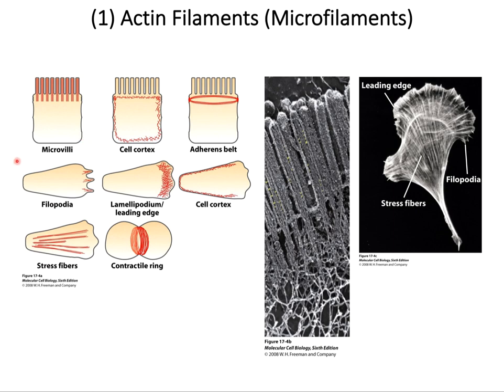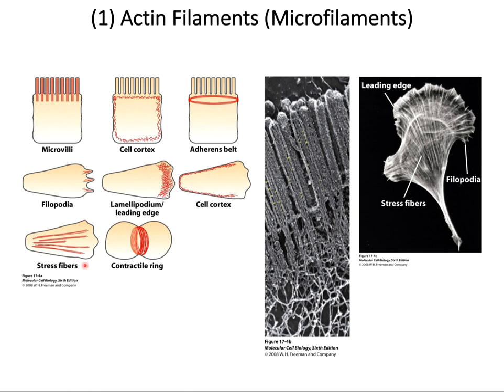In case of motile cells like white blood cells, right here, you will see actin in filopodia or lamellipodia. These are the structures that are found on the leading edge of the motile cells, and you can see a thin layer of actin around the cell as well, which provides the structural integrity of the motile cell.